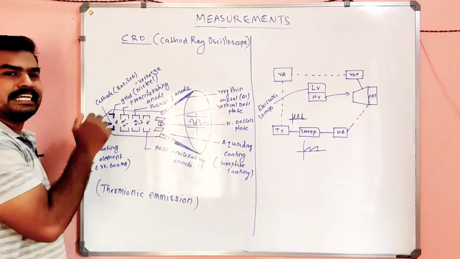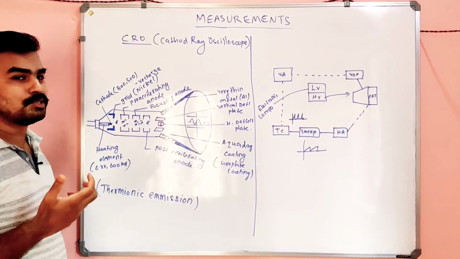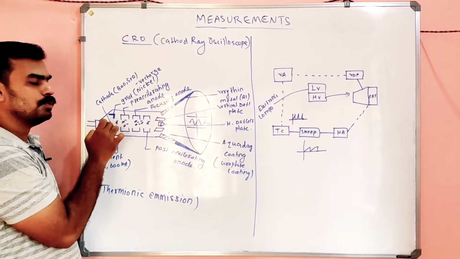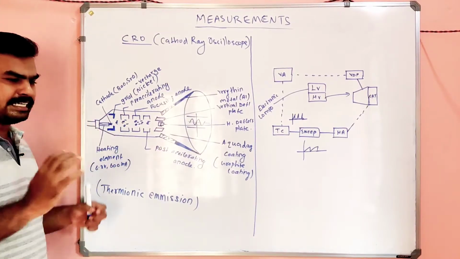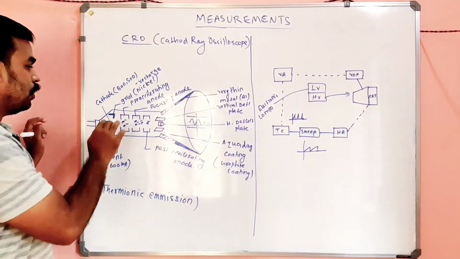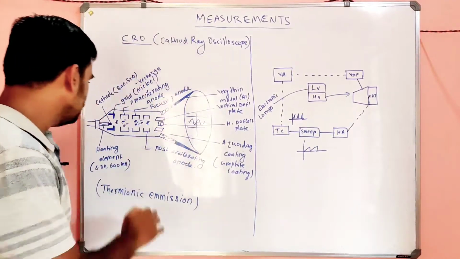You know that the electron has a negative charge. So what will the grid do? The negatively charged electrons are opposed by the grid.